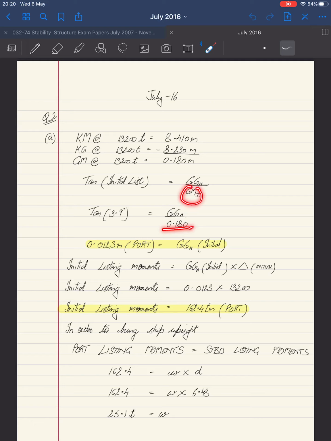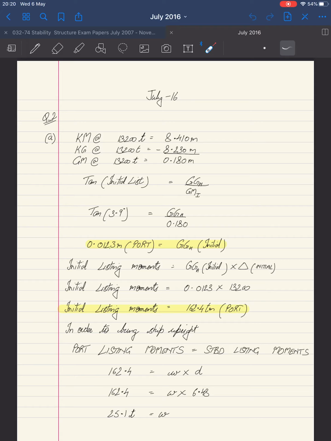So this is the GM and this is coming from this place. So we obtain a GG' value of 0.0123 meters to port. The direction is very important, which is port, which is my GG' initial.